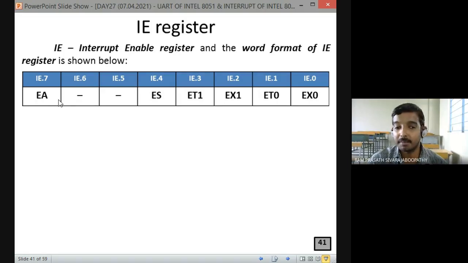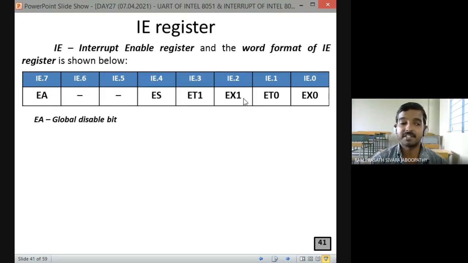EA stands for enable all. Even though we say enable all, its name is the global interrupt disable bit. What is the meaning of this? If I make this bit 0, all interrupts will be disabled. If I make this bit 1, then based upon the individual bits, the particular interrupt will be enabled or disabled. Please underline my words. Even though we say EA is enable all, what is its actual name?